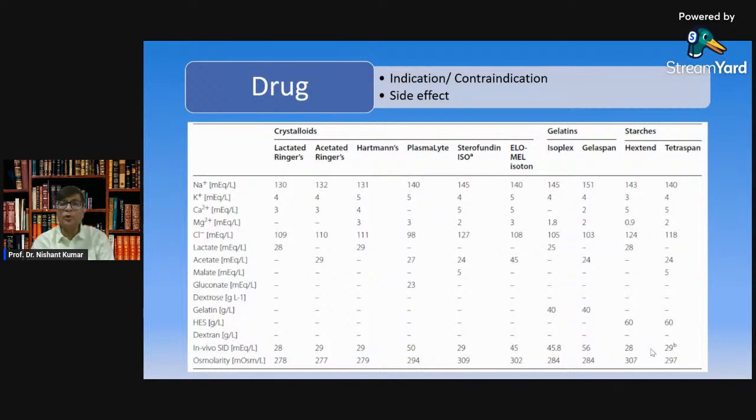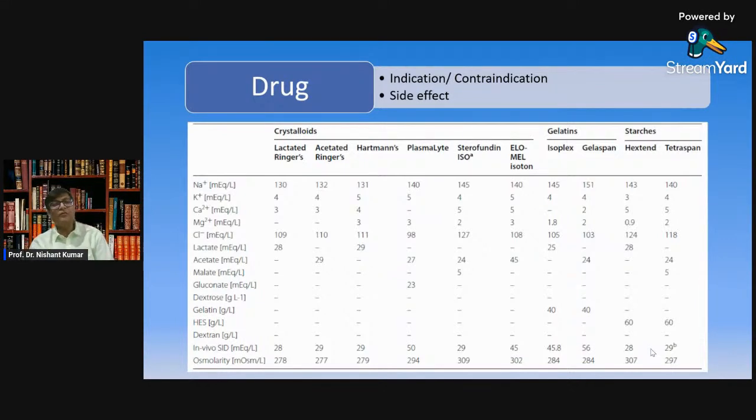Now, it is very important to know the composition of each and every compound that you're using, just like you're using any other drug. So you should know the exact composition of the fluid, and the fluid that is best suited to the patient's pathology should be used. Now, I cannot say that if it is this condition, you use RL; if it is this condition, you use Plasma-Lyte; if it is this condition, you use Stereofundin.